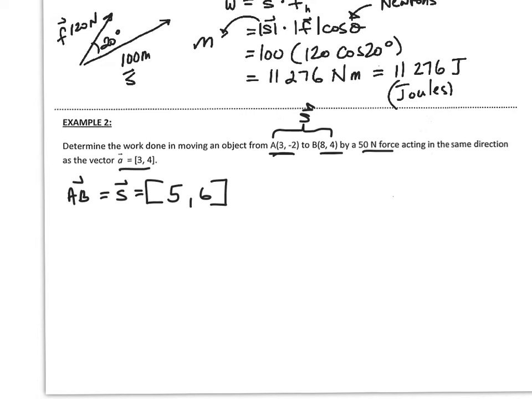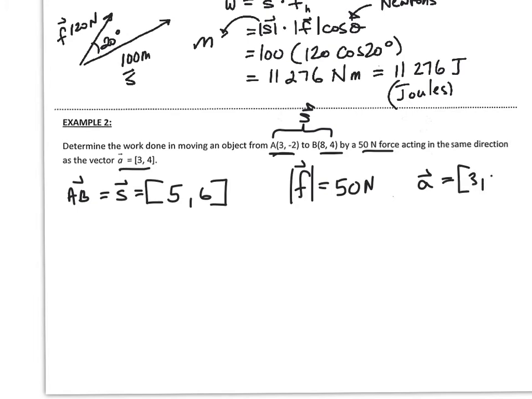Okay? Now, for right now, what we have is that our force, we want to get it at 50 newtons for the magnitude of our force vector. But they give us this vector A, which is equal to 3, 4.